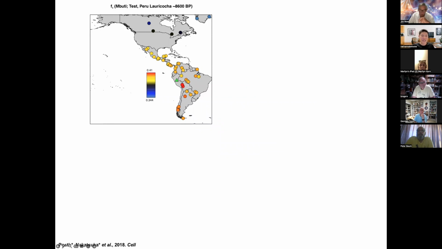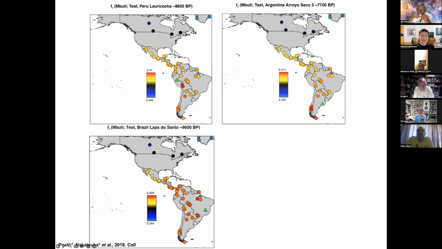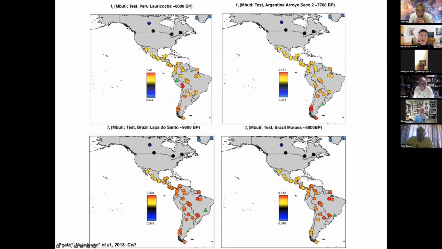And so this indicates that the people who are living in the area are very genetically related to the individual who lived there up to 9,000 years ago. In Argentina and Chile, you see the same thing. And in Brazil, you see the same thing, where a lot of the people living near the area are more genetically similar to them. But it's not always the case.